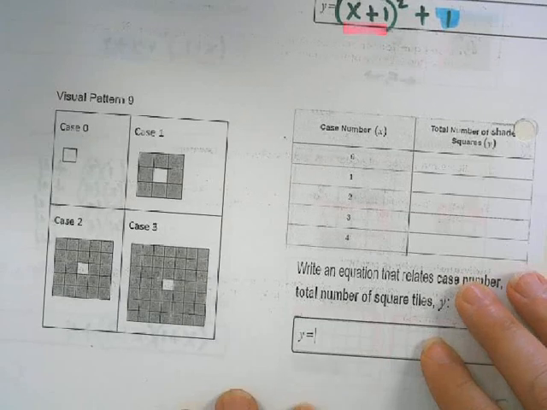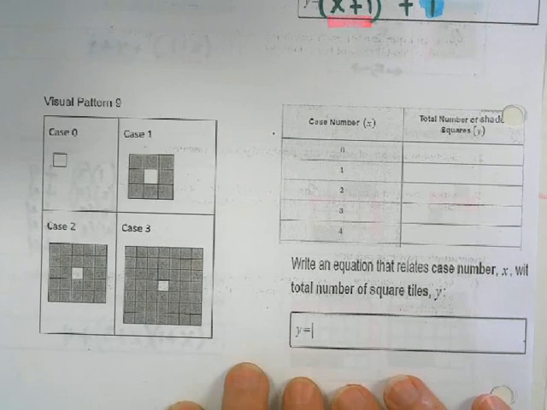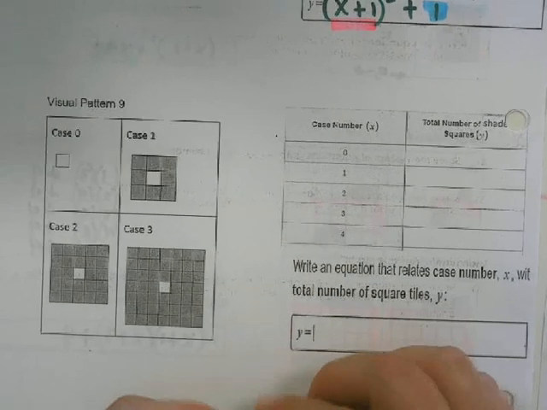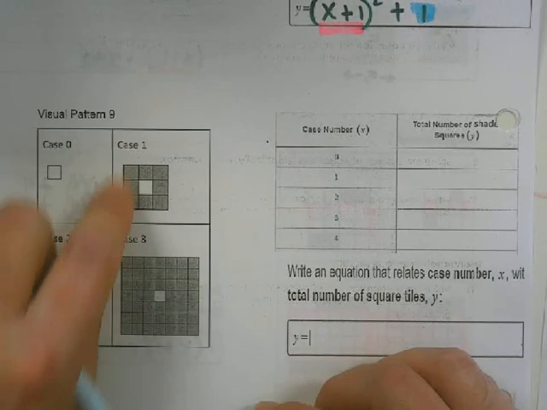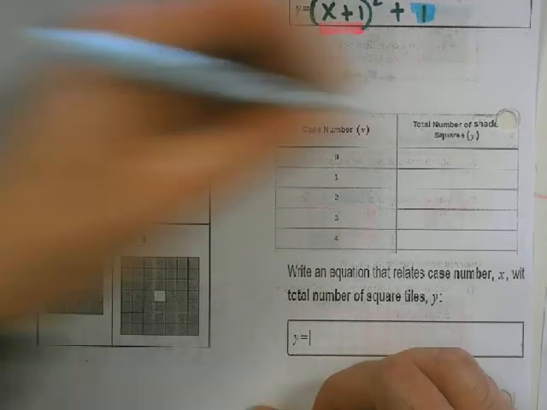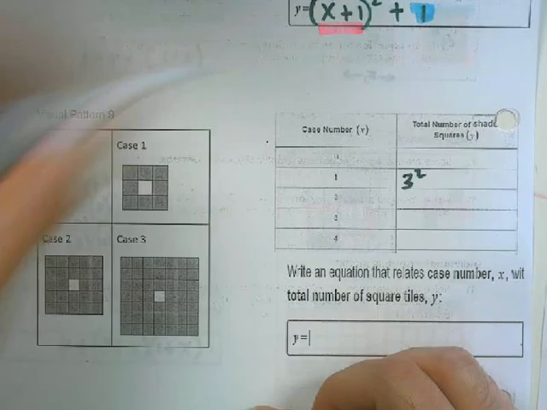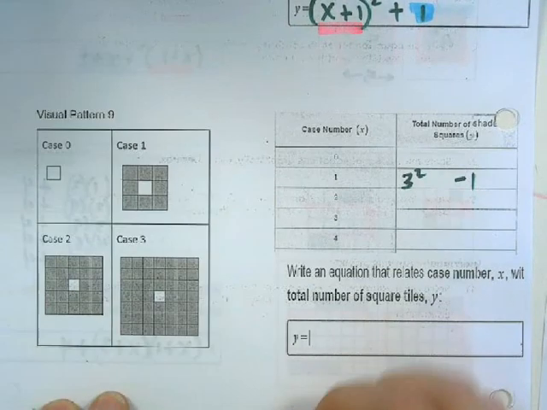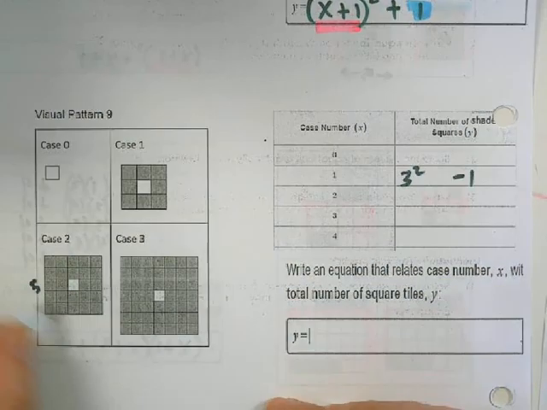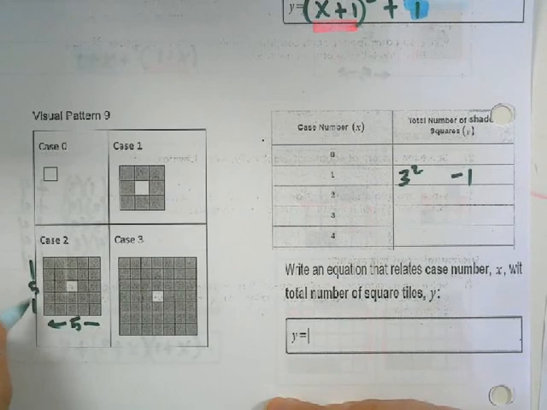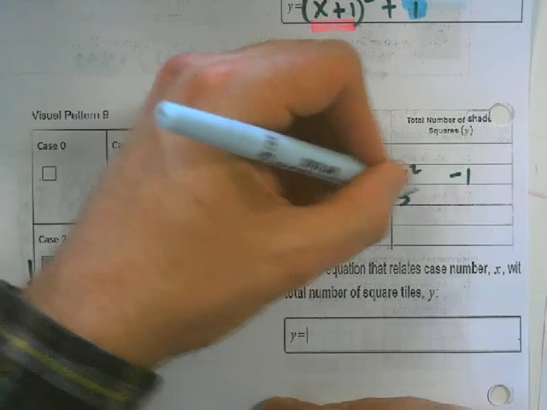Okay. A student showed me a very clever way of doing this today, but for now I'm just going to go over the patterns that we see here. So here we have a 3 by 3. So this is 3 squared, and we take away 1. Here we've got 5 by 5. So 5 squared, and we take away 1.